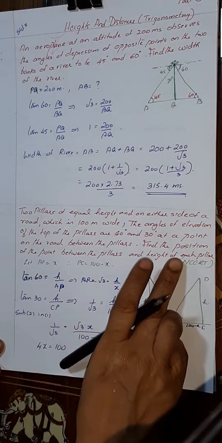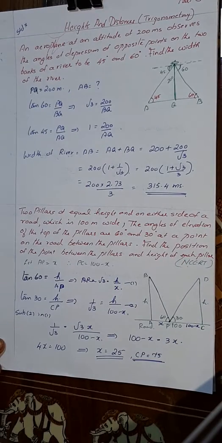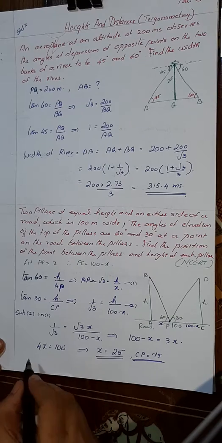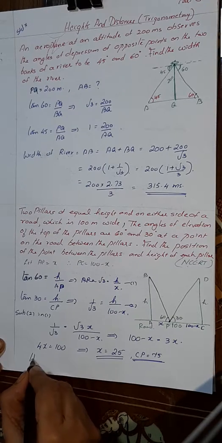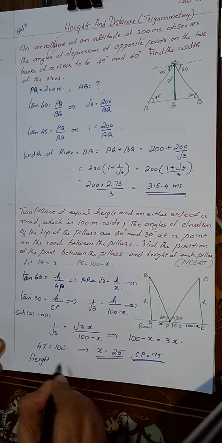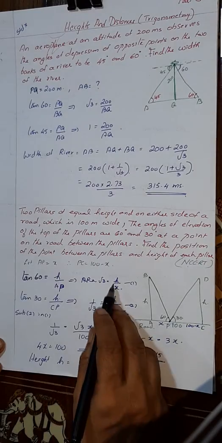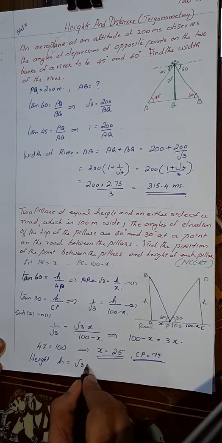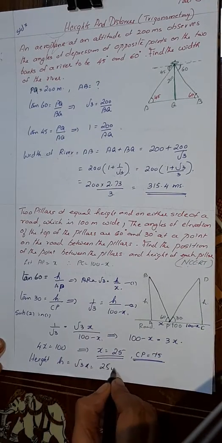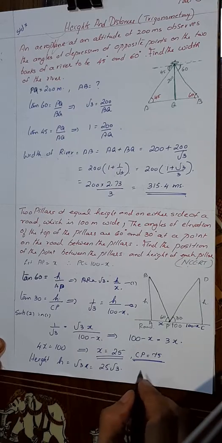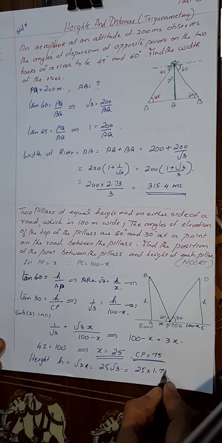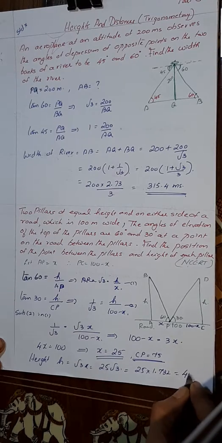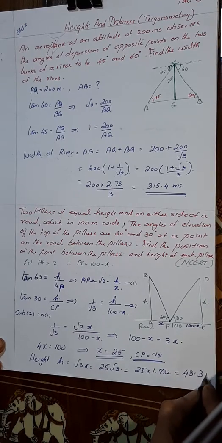Now we have to find the height of the pillar. So h is equal to root 3 into x. So 25 root 3. So 25 into 1.732, you get this as 43.3 meters.